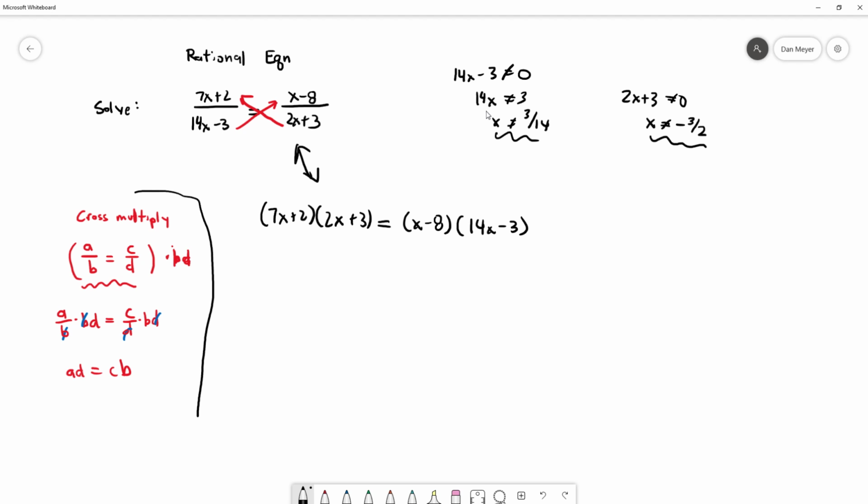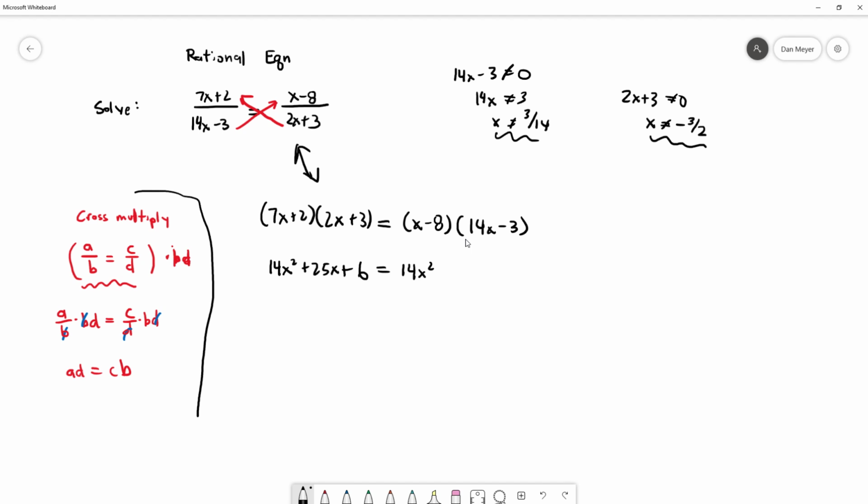Now we're going to produce a sequence of equivalent equations here by doing some algebra. When I FOIL out, I have 14x squared. 21x plus 4x gives me plus 25x plus 6 is equal to, again, foiling out, 14x squared. I have a negative 3x, and 8 times 14.